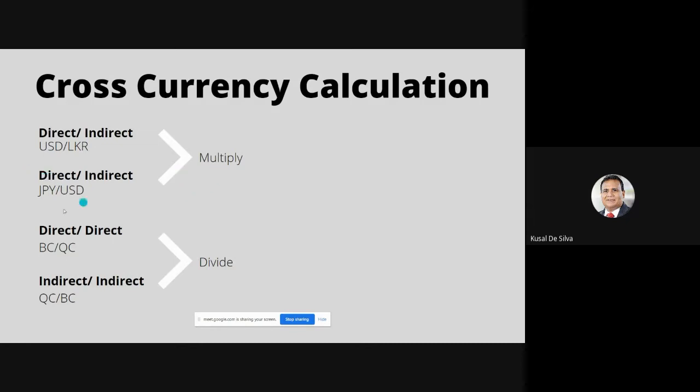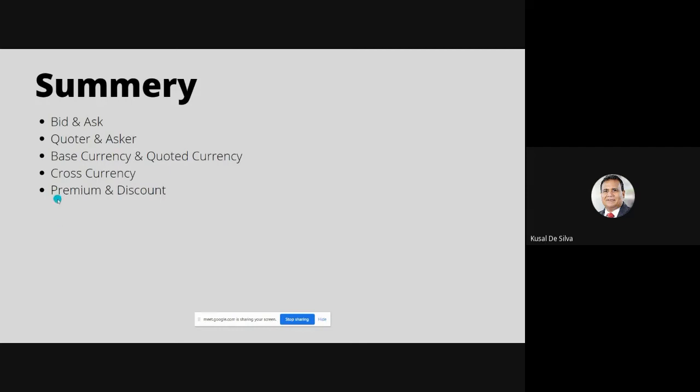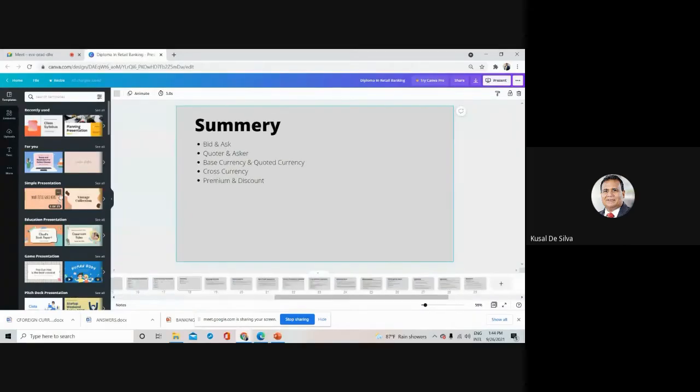You have to just change this. I will correct that slide again. So that's the summary: bid and ask, base currency and quoted currency, cross currency, and premium and discount. Then we'll move to the calculations.